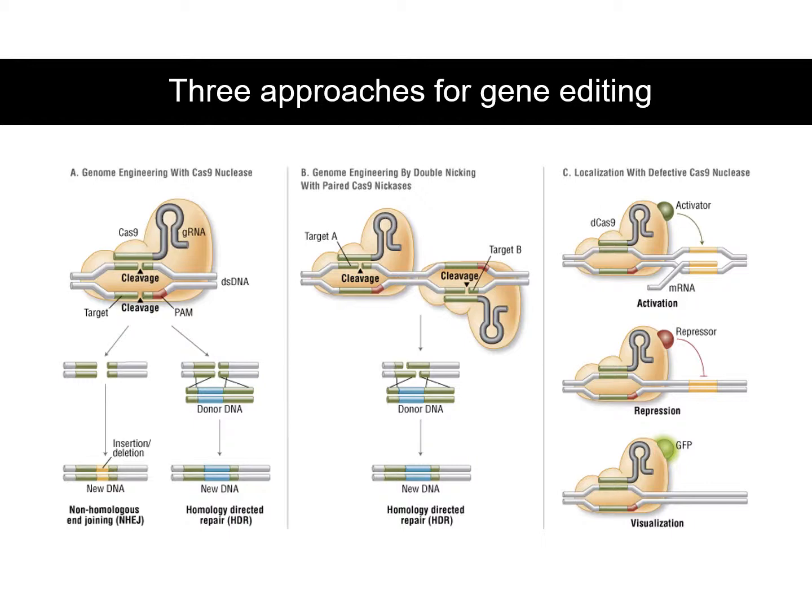That means we now have cuts that are staggered. This is actually a better situation for inserting donor DNA. We don't really have to go into why, but it is potentially more efficient. But the goal is exactly the same. We're doing homology-directed repair in order to get some new DNA and to gain control over what changes we make.